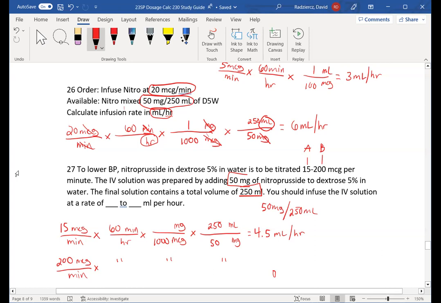So once you know what it is, you can quickly put it into your calculator. 200 times 60 times 250 divided by 1,000 divided by 50. And then you'll get the top of the range. You're going to titrate this starting at 4.5 ml per hour and working up to 60 milliliters per hour.